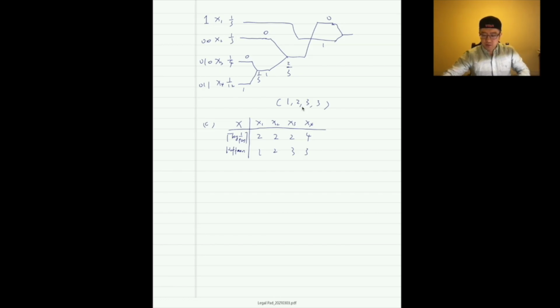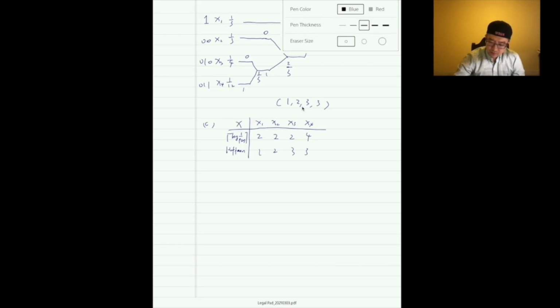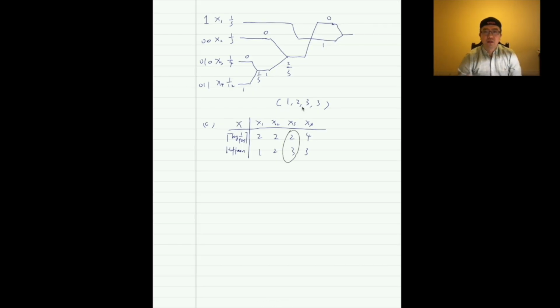But for the third symbol, the Shannon code is better. This is an interesting observation. Again, Huffman code is the best in terms of the average length, but for an individual code word, it may not be the shortest.